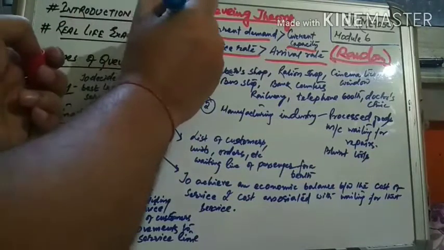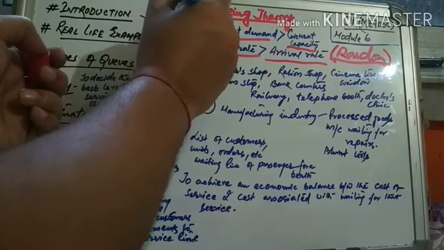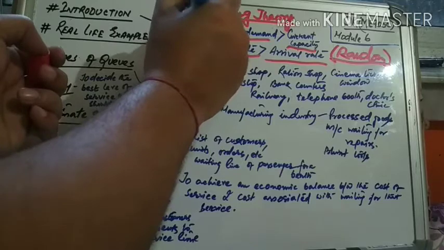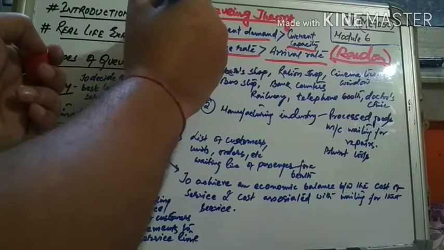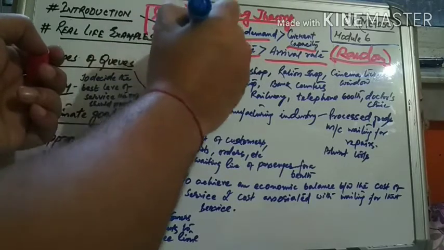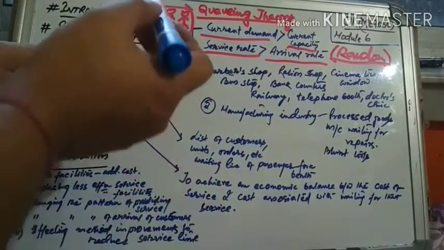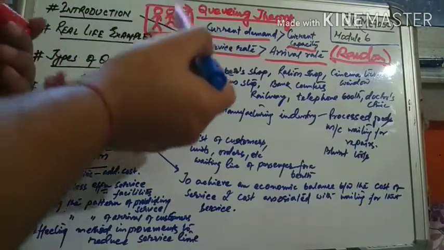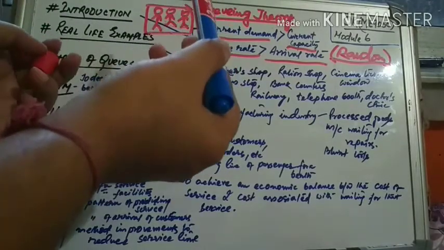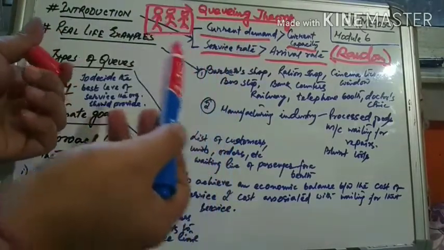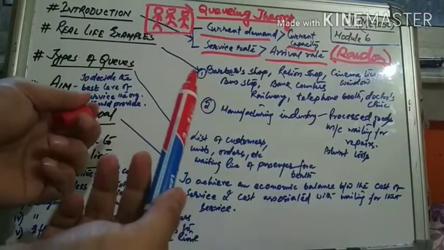Okay, so let me give you a diagram of a queue. These are the customers or units, whatever you can say. And one more thing I would like to say is that a queue can be of living beings or non-living beings also. How is that possible?